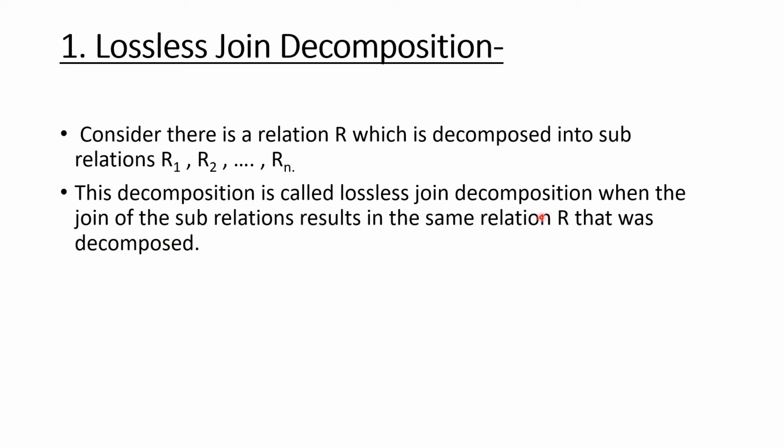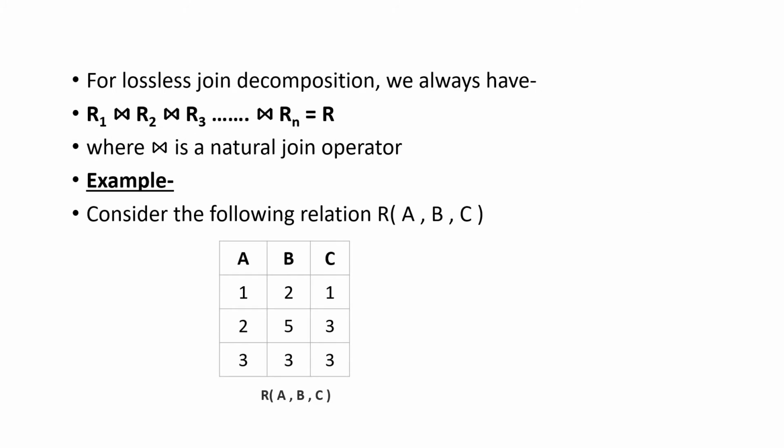Means the original relation R that was broken into these n small tables, when we rejoin them, we will get this relation R. So we call it lossless join decomposition. When we join R1, R2, R3 up to Rn, we get the same resultant relation table that we had in the beginning, where this is the join operator or natural join operator.